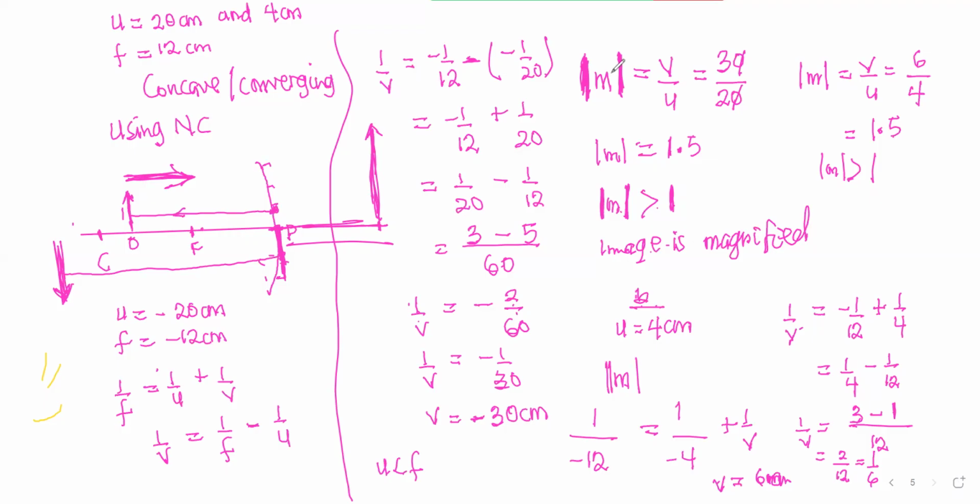A convex mirror of focal length 18 centimeter produces an image on its axis 6 centimeter away from the mirror.